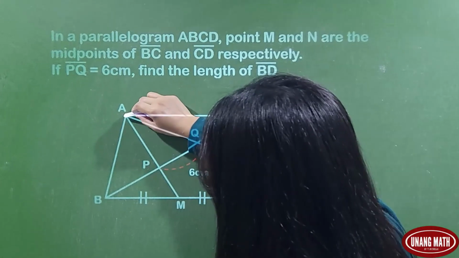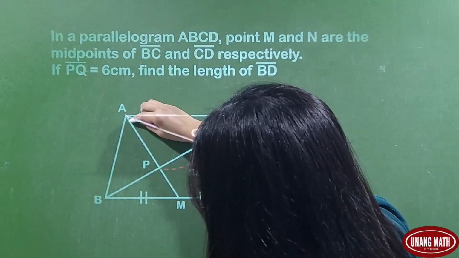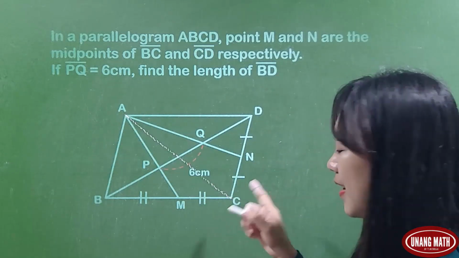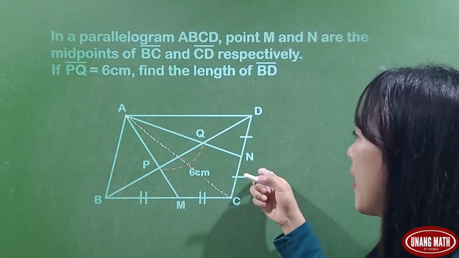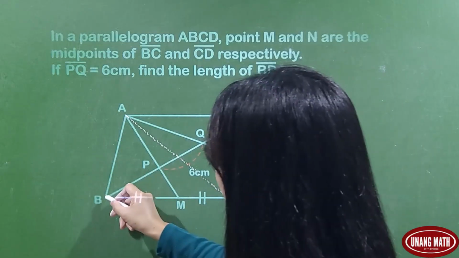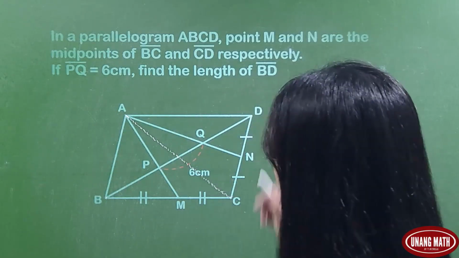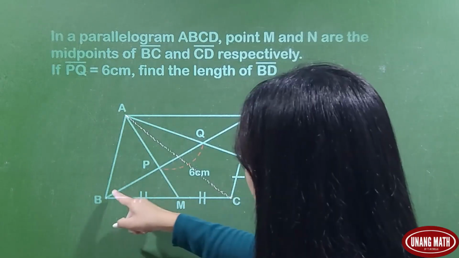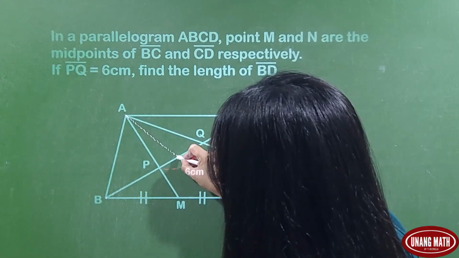So from this vertex to this vertex, let's draw a straight line. So this is a diagonal of this parallelogram. And from this vertex to this point, this is another diagonal of this parallelogram. These two diagonals meet at this point.